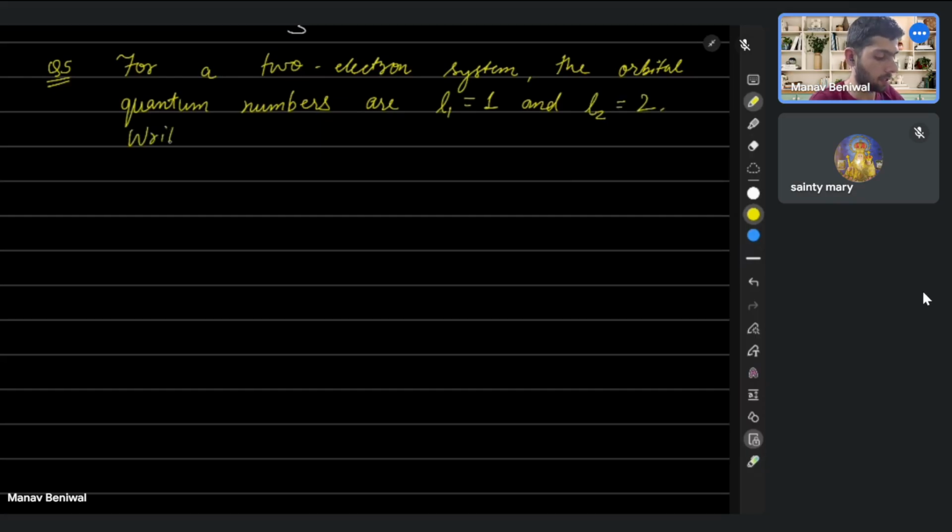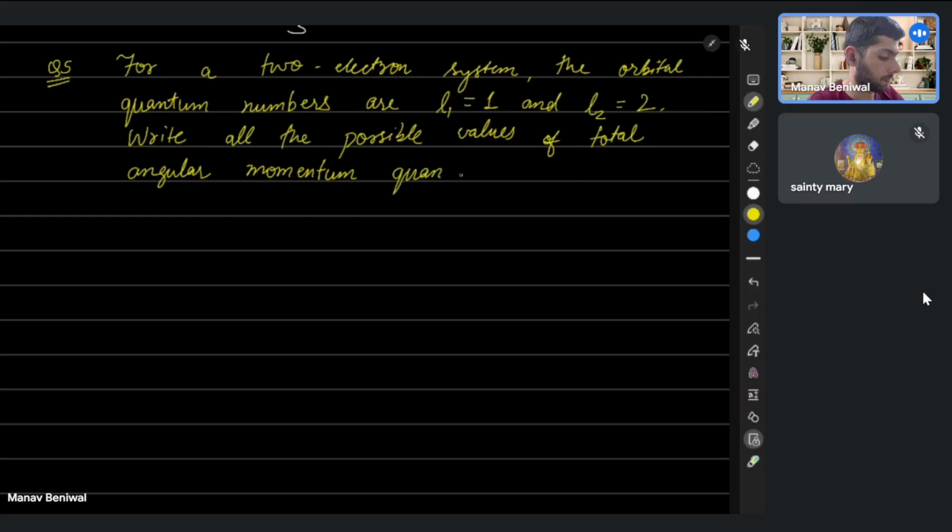Now the question is that we have to write all the possible values of the total angular momentum quantum number J under the LS coupling scheme.